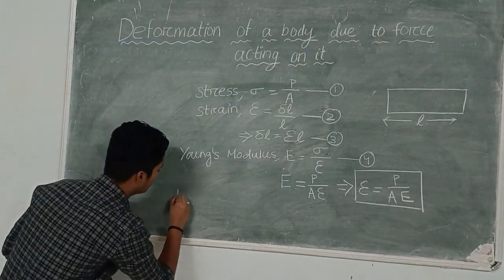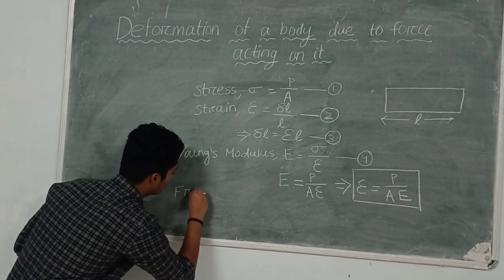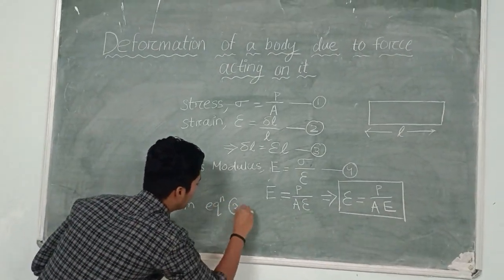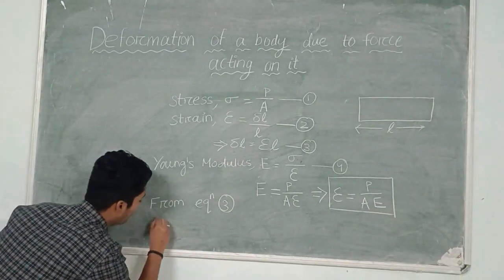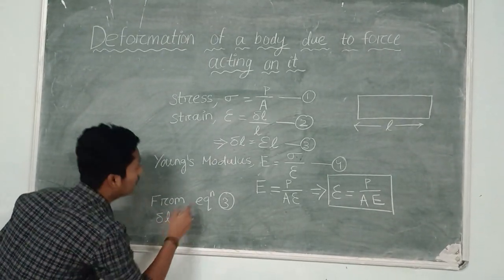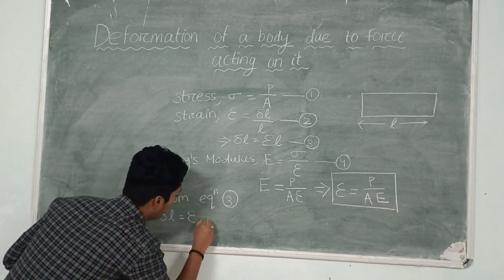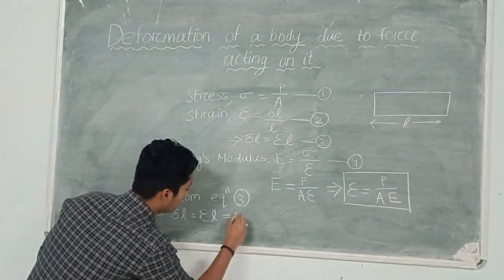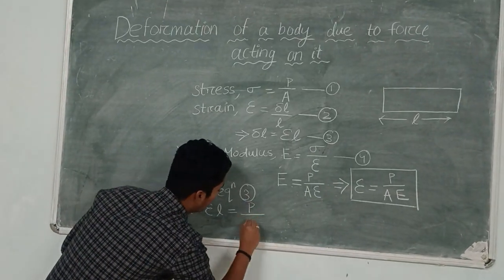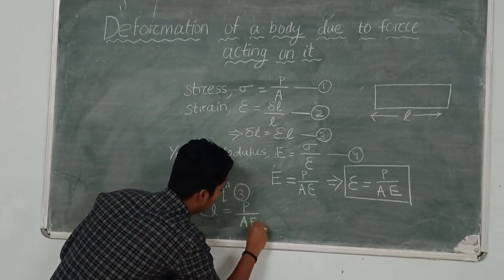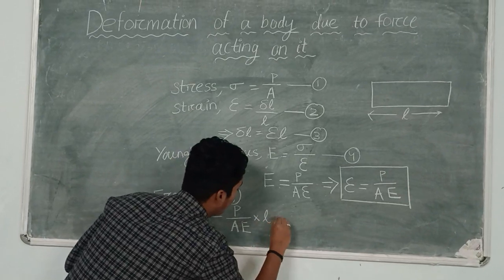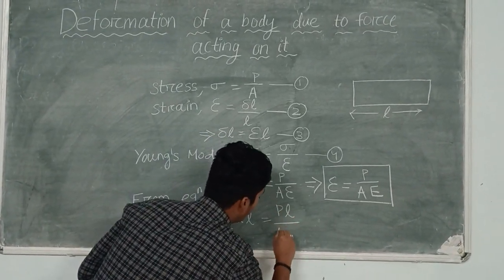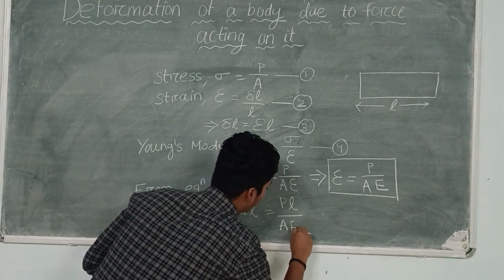Okay. Now we can write del L from equation number 3, that del L is equal to epsilon and L, and the value of epsilon is P by AE, so del L is P by AE into L, and finally our formula becomes PL by AE.